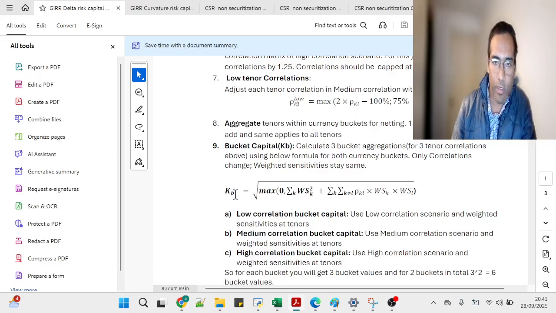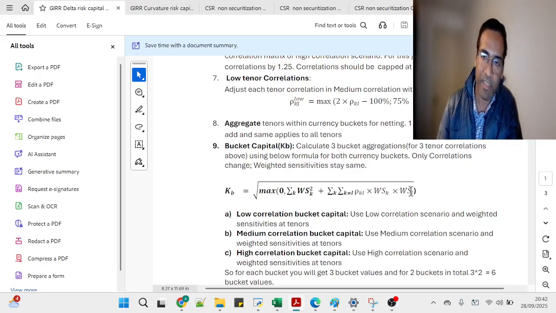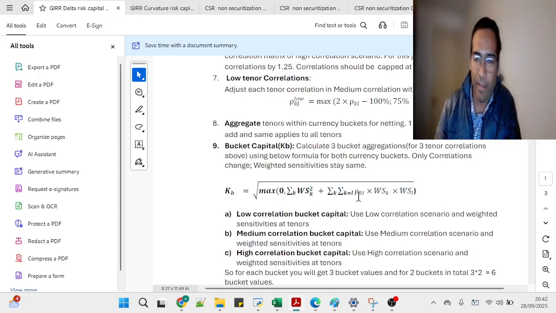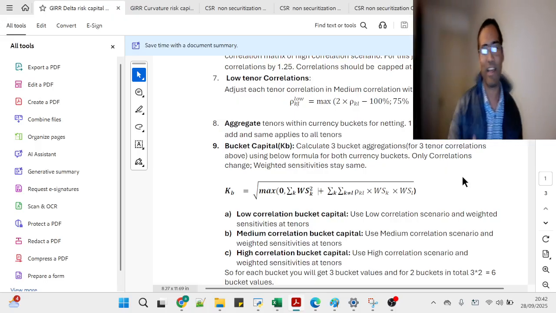Then you calculate within the bucket. See the weighted sensitivity of tenors, and use the square of every term. You have seen the (a plus b) square formula, right? It is just like that.